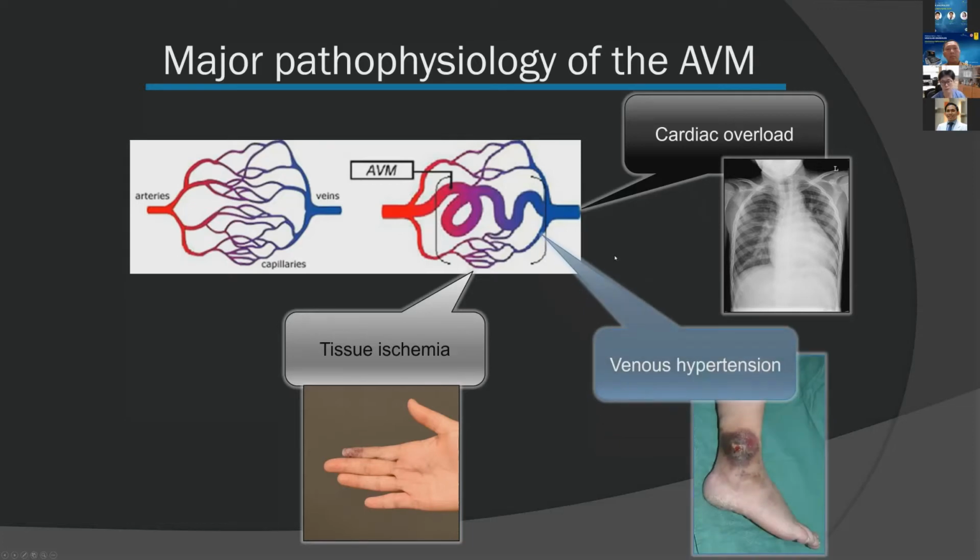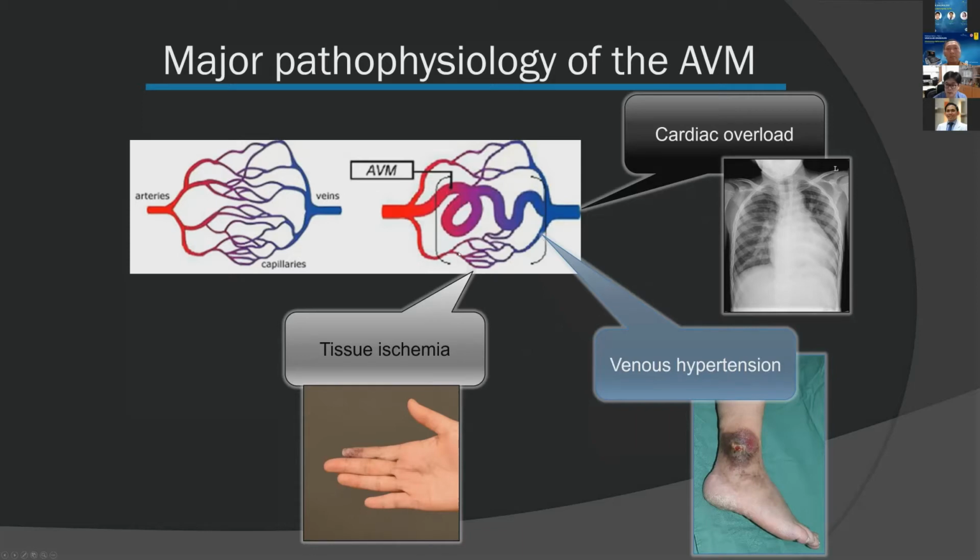And also, another important concept is venous hypertension. It can be caused by the arterialized venous pressure directly affecting the vein side.